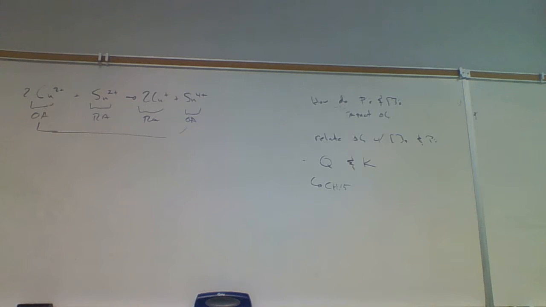Oh, here it is. This is copper 2, but would we use this equation here? No, because this has iodide. I don't want that. Just keep going down. Good, skip it.